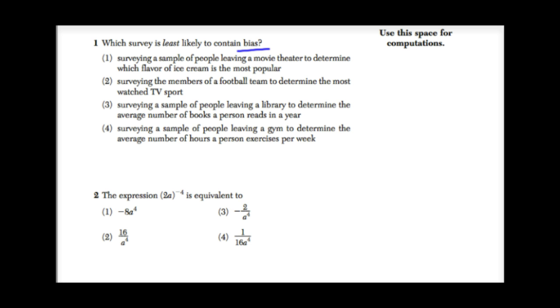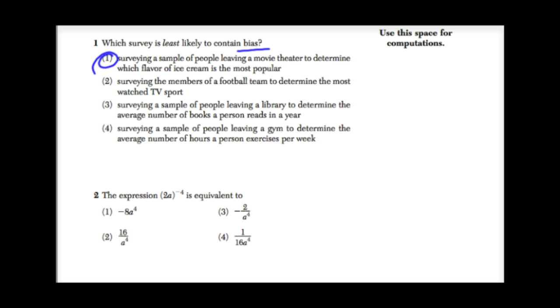Our choices are surveying a sample of people leaving a movie theater to determine which flavor of ice cream is the most popular, surveying the members of a football team to determine the most watched TV sport, surveying a sample of people leaving the library to determine the average number of books a person reads in a year, surveying a sample of people leaving the gym to determine the average number of hours a person exercises. The only one that works is 1, that's least bias.